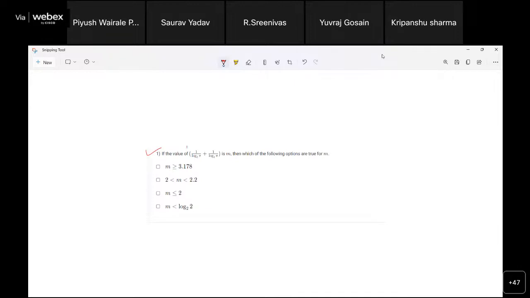So you have to find out the value of this particular function, that is m. That is log of pi to the base 3 plus 1 upon log of pi to the base 4. We have to find the value, so just apply the properties I have discussed earlier. How should we do that?